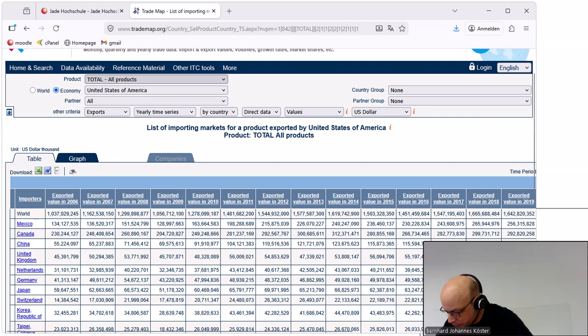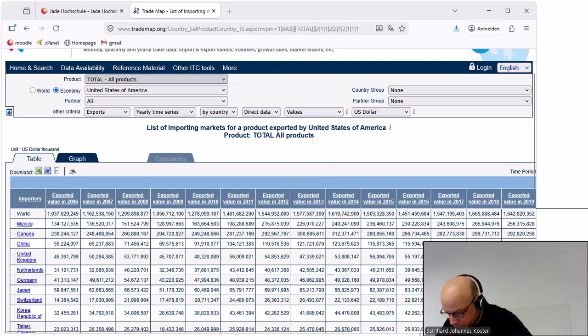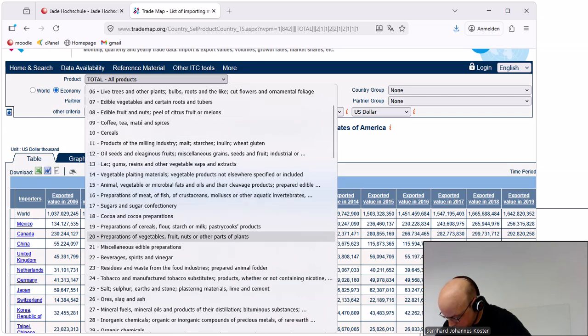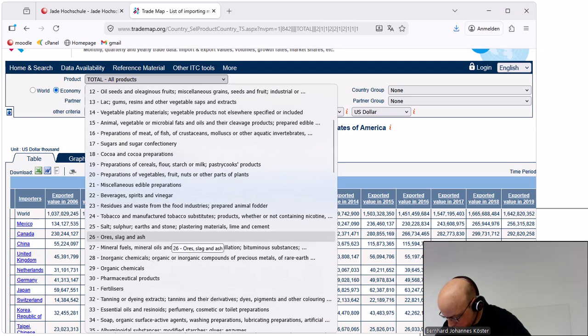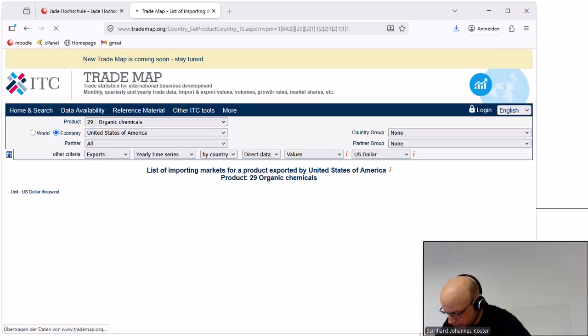We have here products. Oh, there you can choose. Here you can go into more detail. Let's have a look at it. What happens then? For example, let's take this group, organic chemicals.